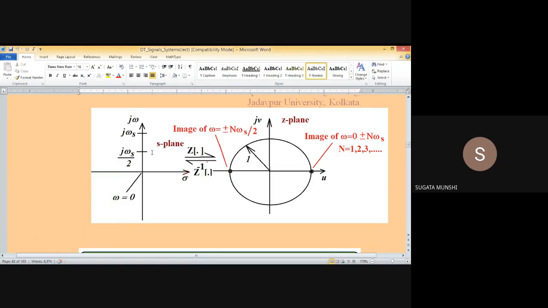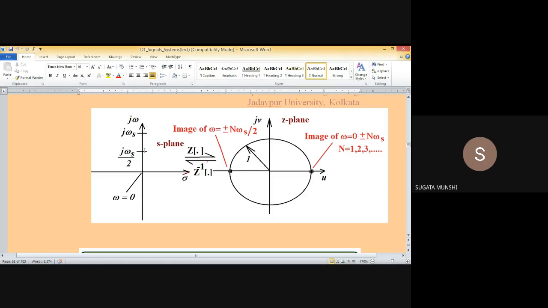Magnitude of Z will be 1, so you will remain along the circumference, and argument will be omega tau by 2. Omega tau by 2 means pi radians. All right. So you will reach here. This is the point where you will reach. So you have just traversed a semicircle.